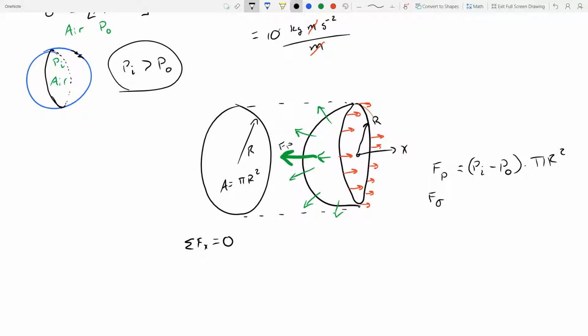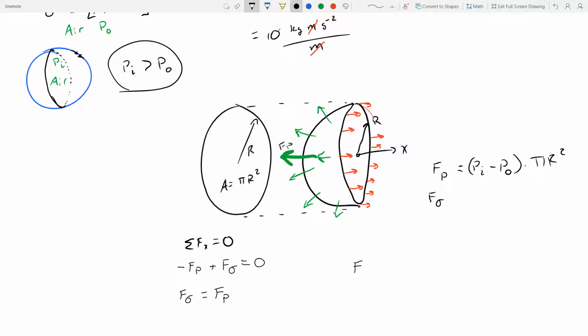Well, because the bubble's not exploding. We're assuming that the bubble is stable, it's steady, it's sitting there happily, and that the forces are all balancing one another. Otherwise, you don't have a bubble anymore. So we have negative Fp plus F sigma equal to 0. So what this means is that F sigma must balance Fp.